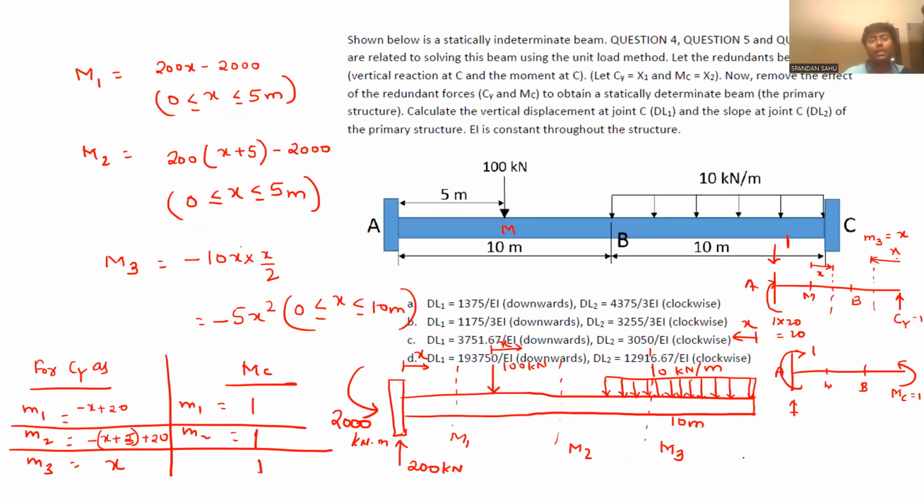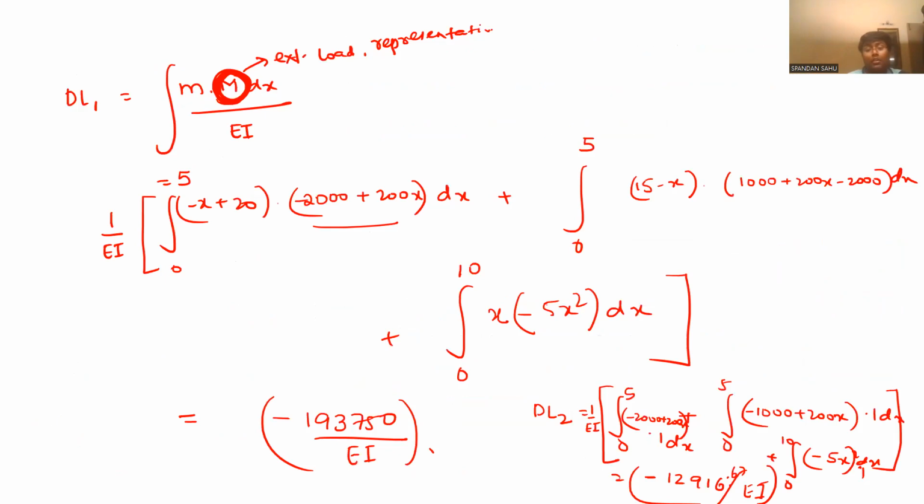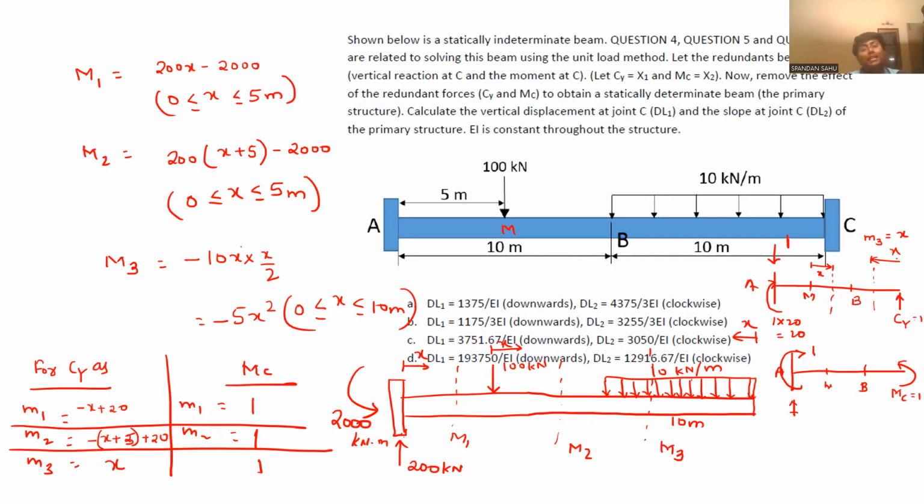So which option is correct? Option D. It is given downward and clockwise direction. You tell me, what does the minus sign represent? Why did the minus sign come?